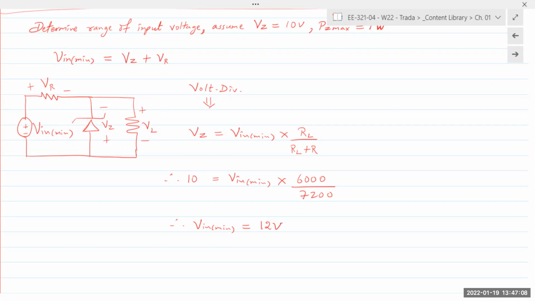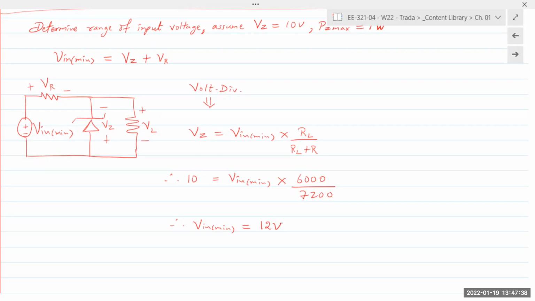Temperature wise, if I use it in extremely hot conditions, say 50 degrees C, the Zener diode voltage might shift. Instead of 19 volts, it might go to 19.5 or even 20, who knows. And so that's a consideration.